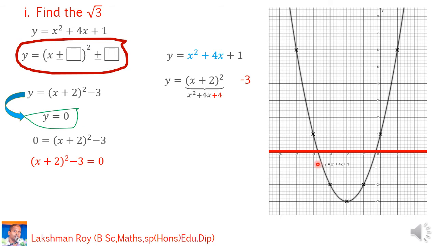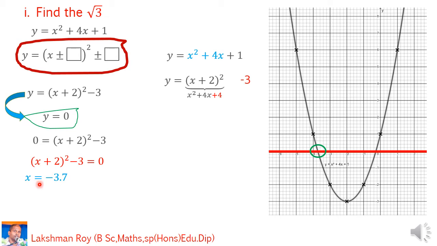When y is 0, you can see on the graph that y equals 0 is a straight line. The roots are the intersecting points of the curve and this y equals 0 line. These are the x values when y is 0.